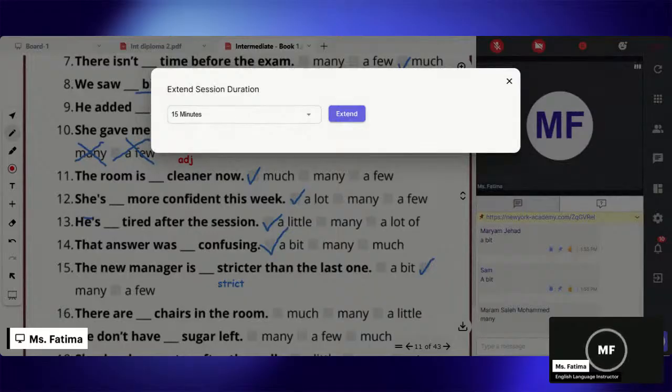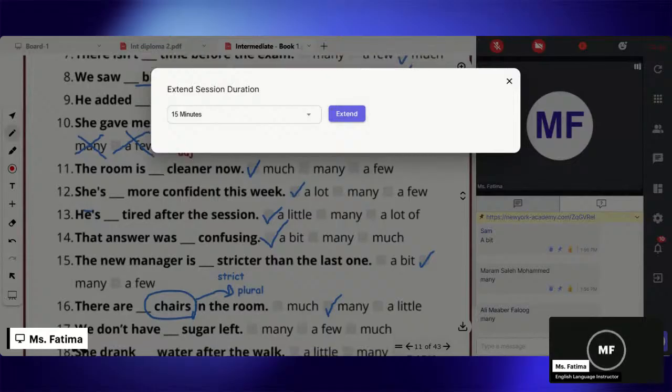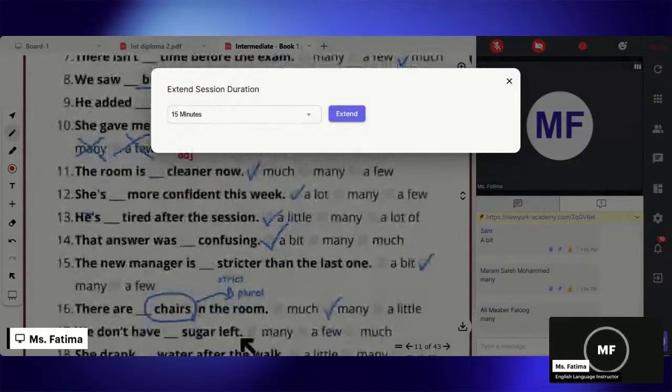So there are many chairs in the room. Why? Because chairs is plural, meaning countable. What do I use with countable nouns? Many and few. Okay. Yes, excellent.